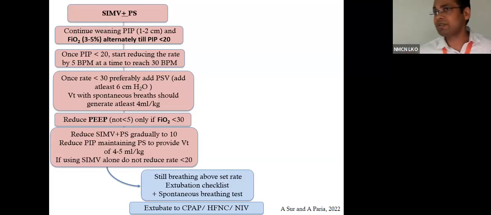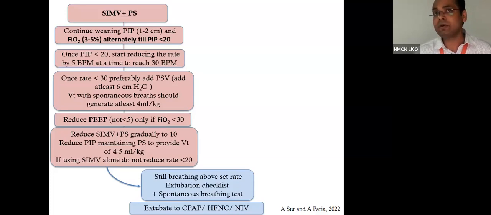So what is a spontaneous breathing trial? In this, the baby is put on ET CPAP, so endotracheal CPAP, on the pre-extubation settings, and the child is kept for 5 minutes and watched for either a fall of SpO2 to less than 85%, or bradycardia of less than 100.